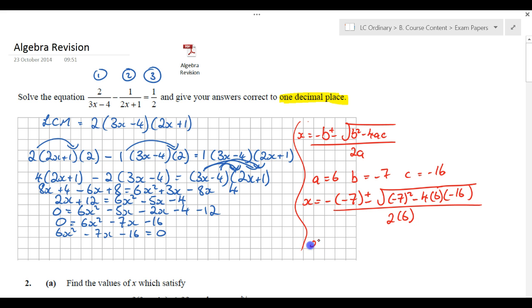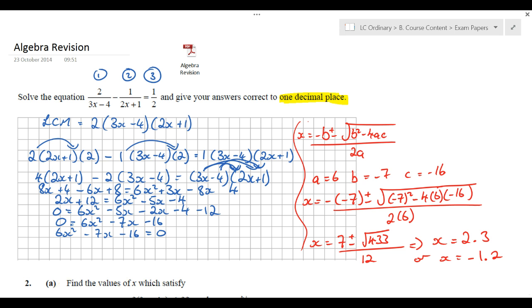And this will simplify to give us x equals 7 plus or minus root 433 over 12. We can then use our calculator to evaluate this, giving us x equals 2.3 to 1 decimal place, or x equals negative 1.2 to 1 decimal place.